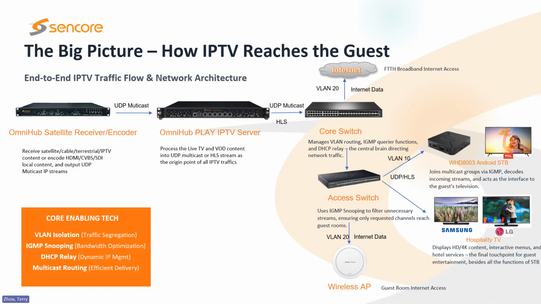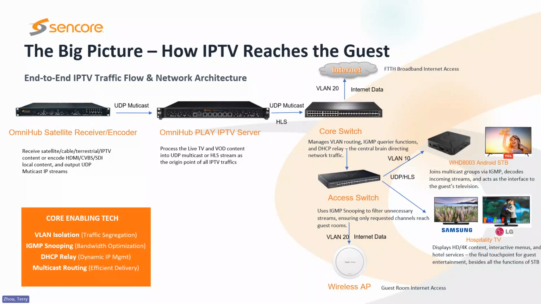We can receive content from satellite, either FTA or scrambled content. We can receive, decrypt, and convert them to UDP multicast streams. We can also receive content from terrestrial signal sources, whether DVB-T, T2, ISDB-T, or different standards. We have receiver modules that can support almost all the international standards for the receiving part.